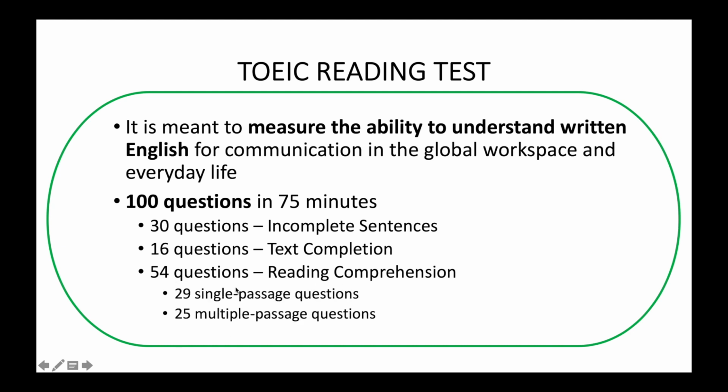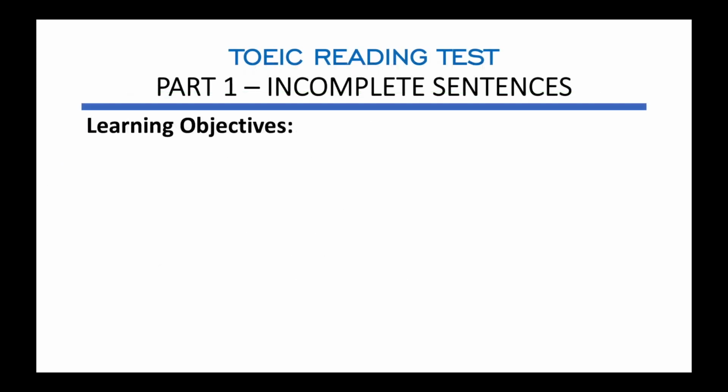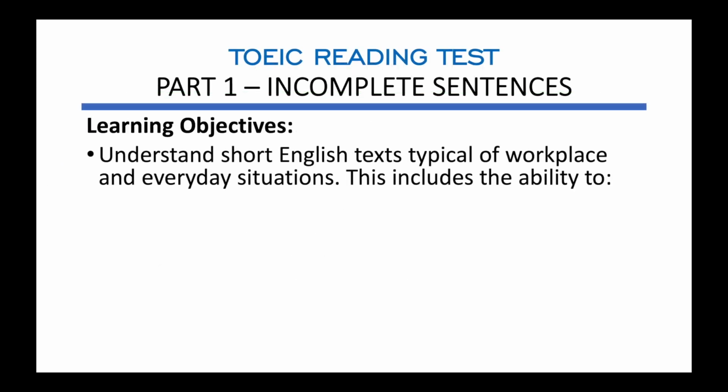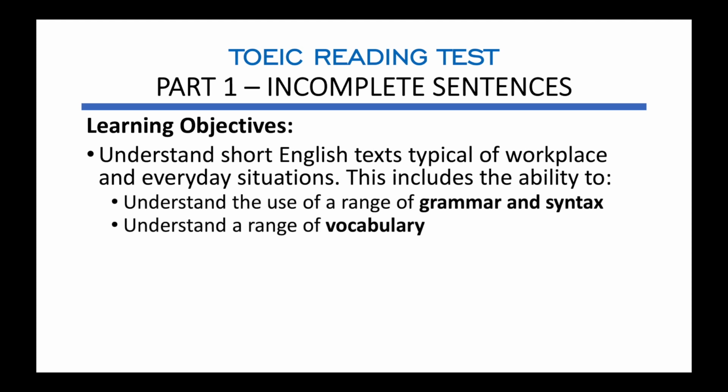In this case, it will be split into two. The first one would be single passage questions, such as emails, letters, and others. And then the next one would be multiple passage questions, just like notice, announcement, poster, etc.